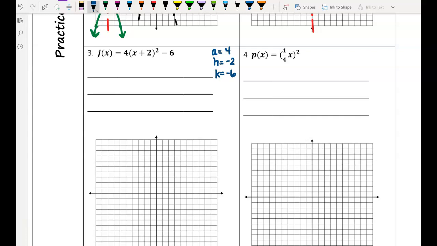But let's talk about that 4 in front. That 4 means that we are stretching our original quadratic function. So we have a vertical stretch by a factor of 4.